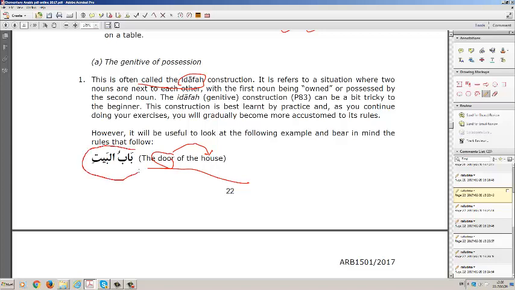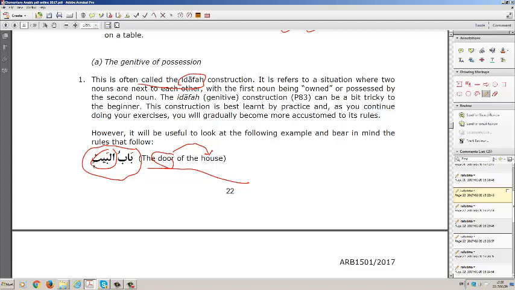So for example, you have bab, which means door, the door, al-bayti, of the house.